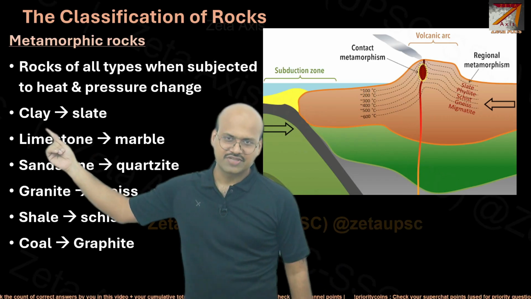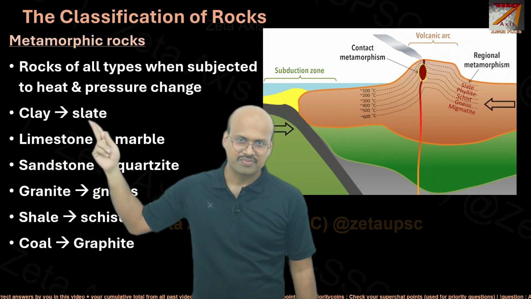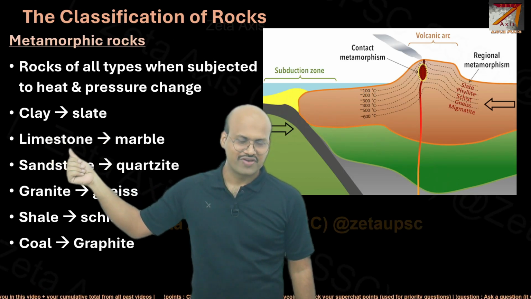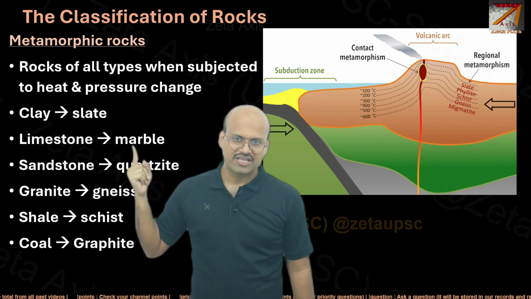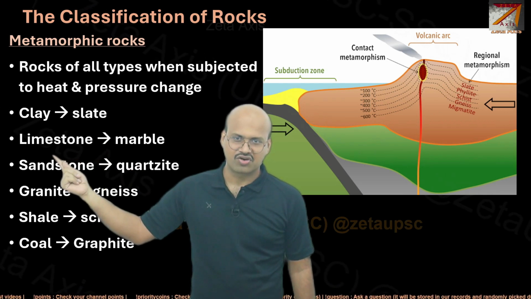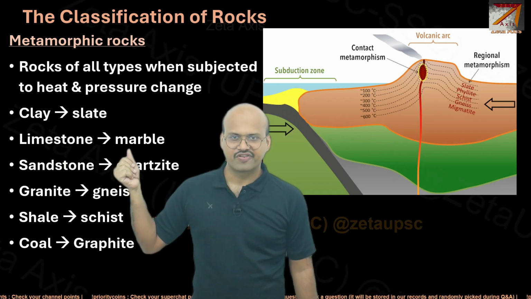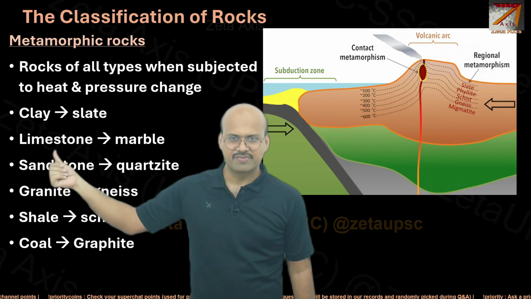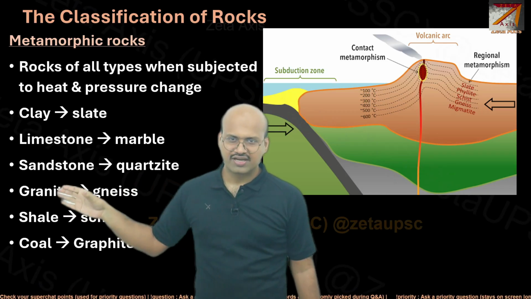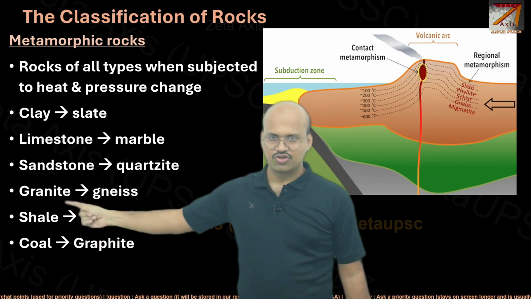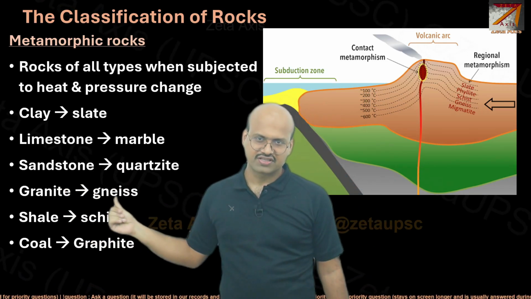So here are certain examples. Clay, when subjected to high temperature and pressure, will form slate. Limestone, when subjected to high temperature and pressure, will form marble. So see, marble is basically formed from a sedimentary rock. Now marble is a metamorphic rock. This is a sedimentary rock. Sandstone is converted to quartzite. Here is a further relationship. You can see granite is an igneous rock which is converted to gneiss.